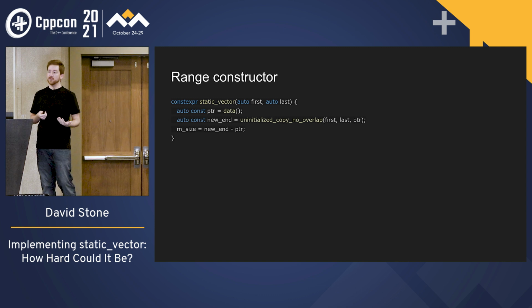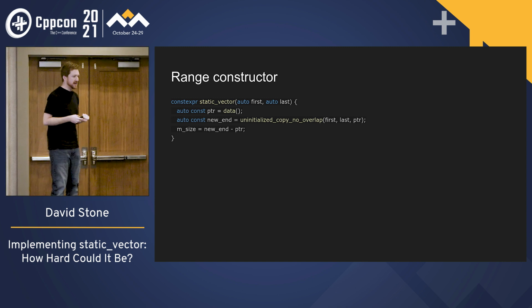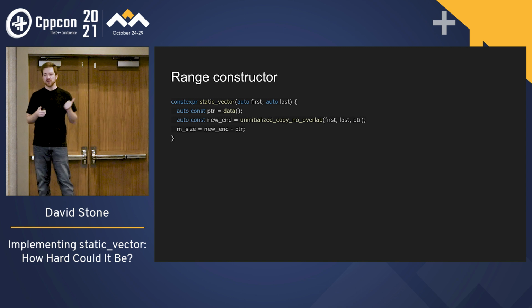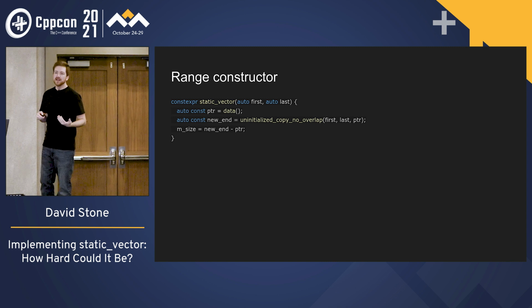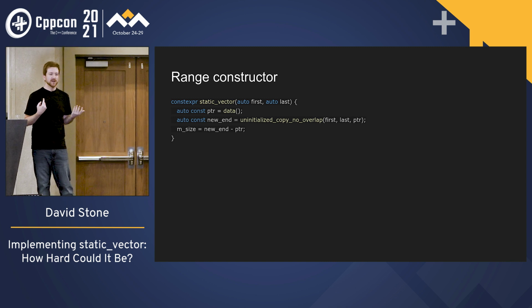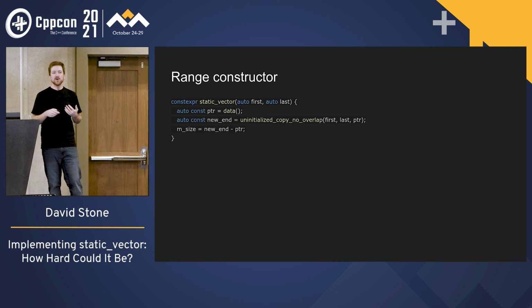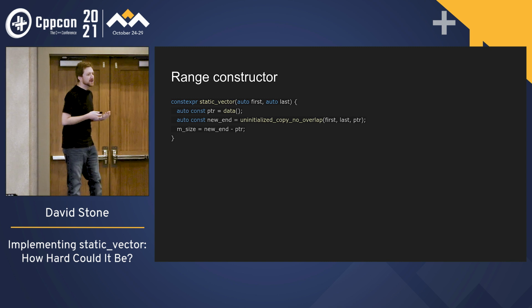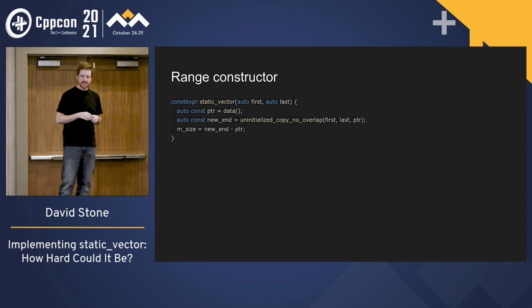So if the behavior you want is from this range, take up to the capacity of the vector and then drop the rest, great. That's built into the standard library. You can just do a range adapter and you're good to go. But if the behavior you want is throw an exception, that doesn't exist. There is no, iterate through with a counted iterator and throw if you exceed it. So you have to do the work of writing your own custom range adapter for that, which isn't quite easy yet, I would say.